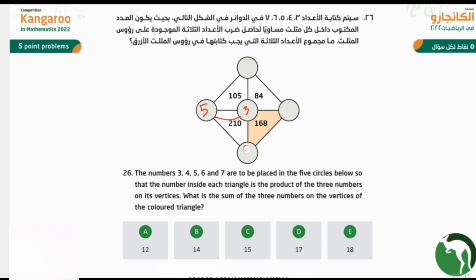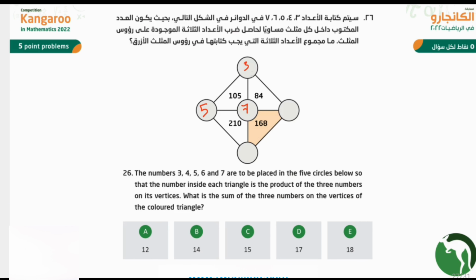So I need a very big number here to obtain 210. So I will not put 3 here, I will use 7 instead. Now if we multiply 5 and 7, we will obtain 35, and so we need 3 here to obtain 105. Now let's continue and find the other numbers.